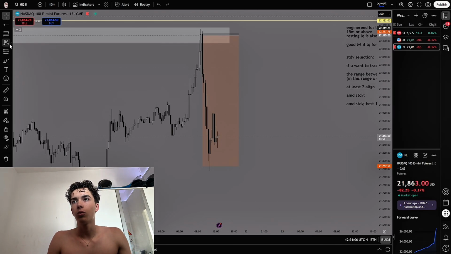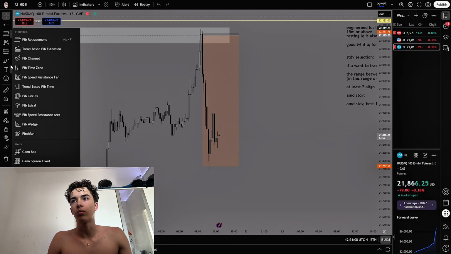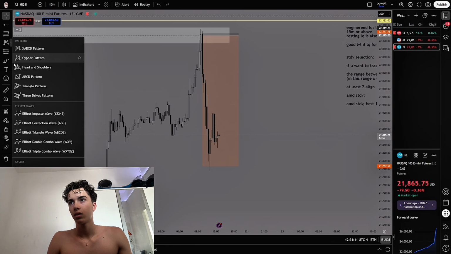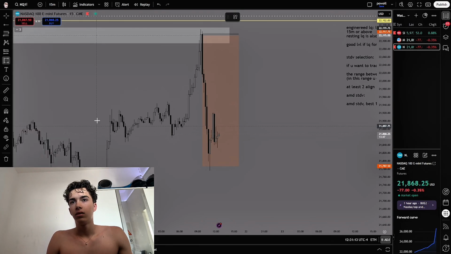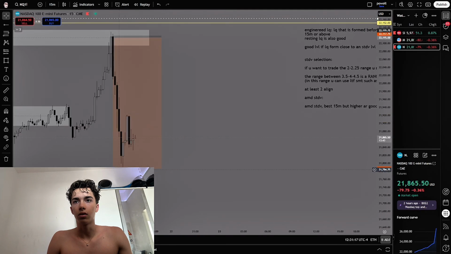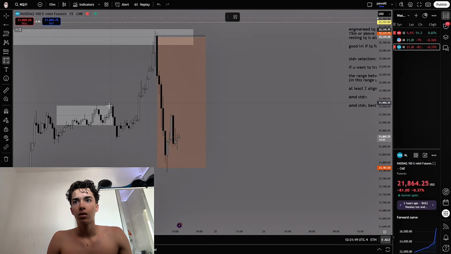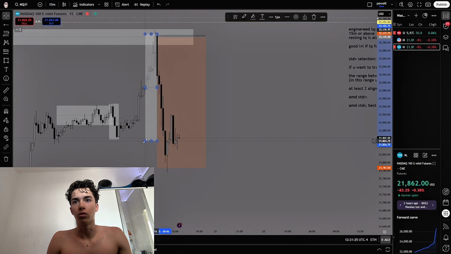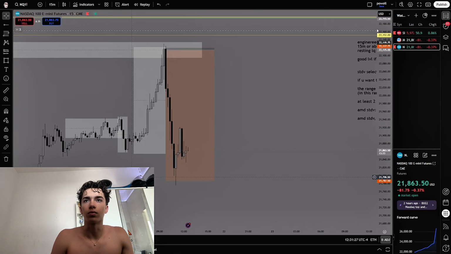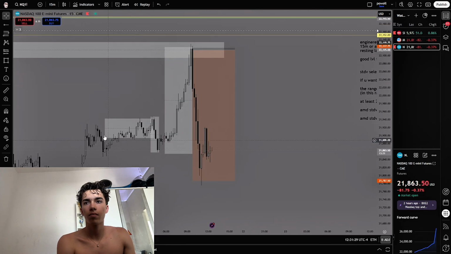In this case, we also have an AMD example, because this is a pretty good accumulation phase. This is a good manipulation, and this is a good distribution, okay.